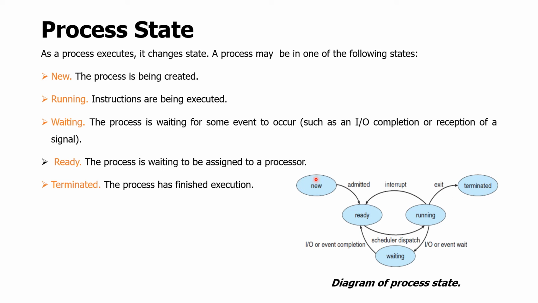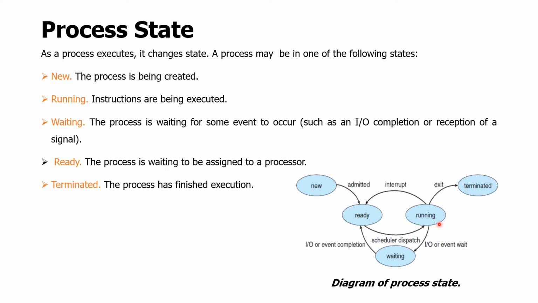So these are the process states. This is the diagram which shows you the various states of a process. What are the various states we have? New, running, waiting, ready, and terminated. There are transitions happening here.